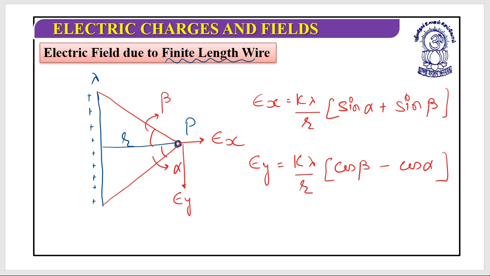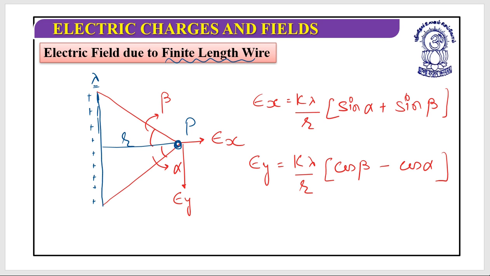Let me repeat this. We have given a finite wire having a positive linear charge density. I require the electric field at this point. On the very first step, you need to connect that point with the ends of the wire.